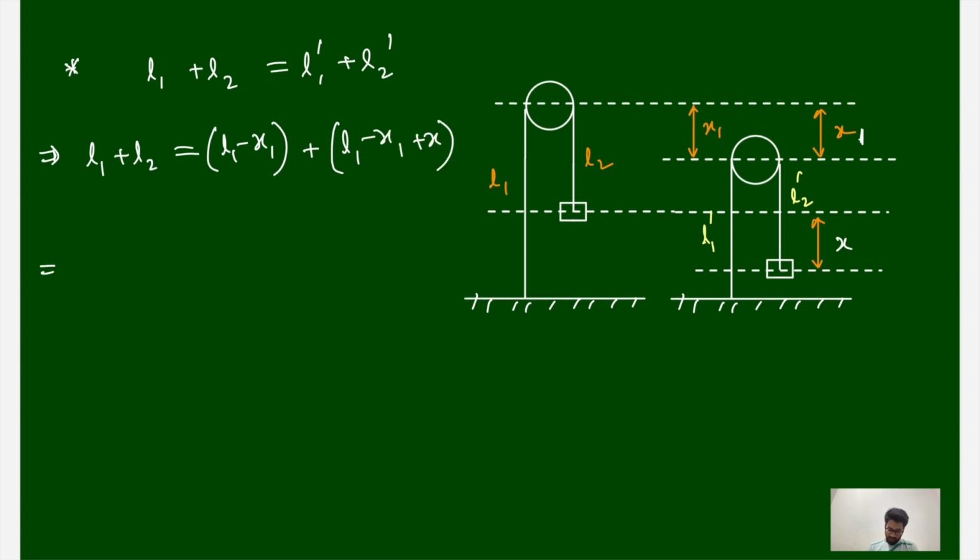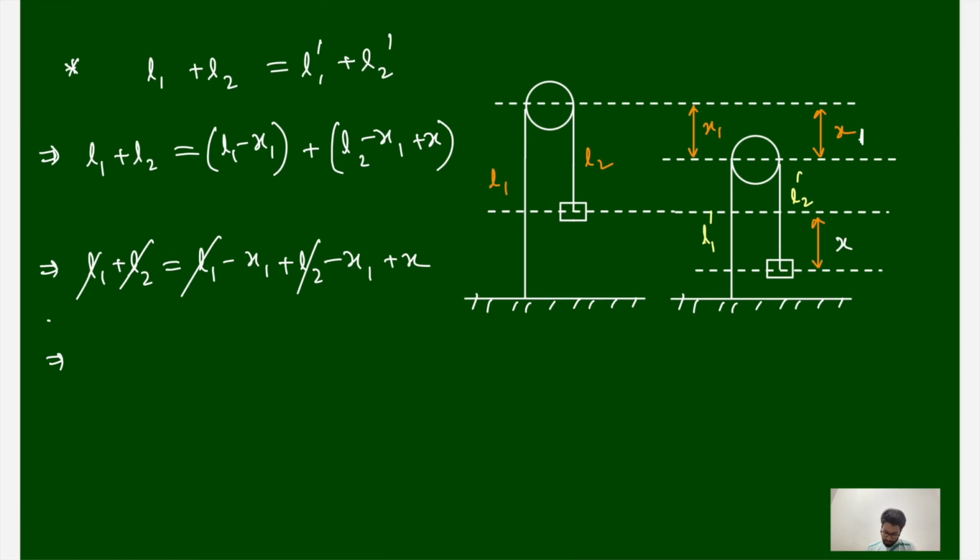That means you can say L1 plus L2 is equal to L1 minus x1 plus L2, sorry, this is L2 minus x1 plus x. So L2, L1 both cancelled out.